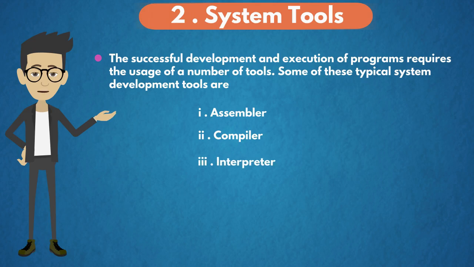Third one, interpreter. It translates the high-level language to machine language. The fourth one, linkers. It takes one or more object files. Fifth one, debugger. It will debug the program and test the cases. Sixth one, editors. It is used to create and edit a text file.